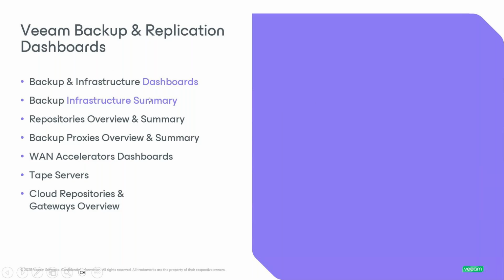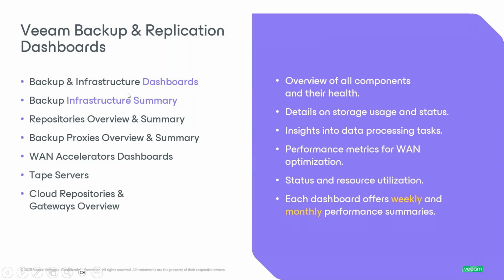The Veeam backup and replication view will give you information about not only the server itself, but all of its components. It will provide information about components such as the proxies, the repositories, the WAN accelerators, tape servers, but also an overview of how the backup infrastructure and the jobs are running.